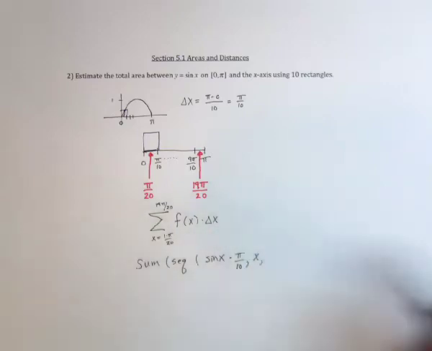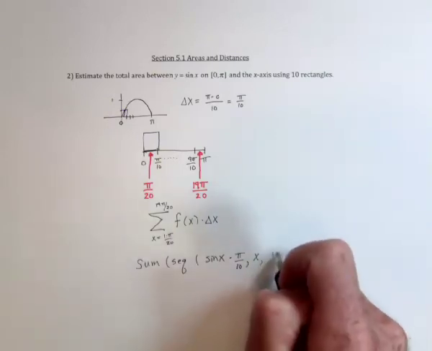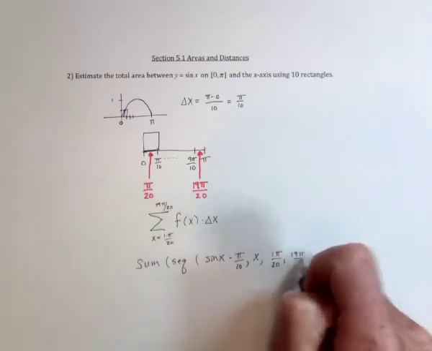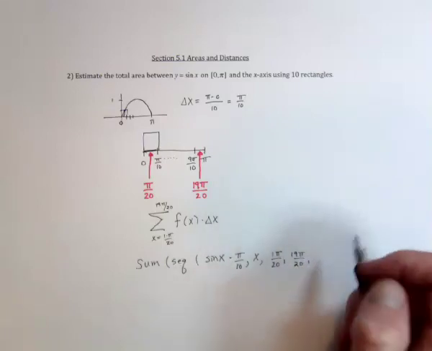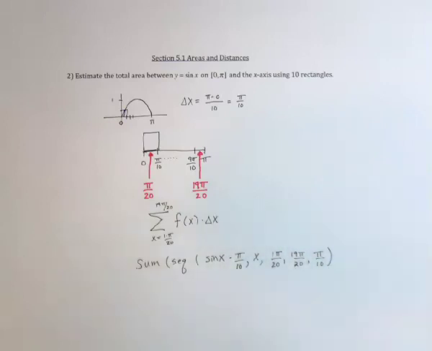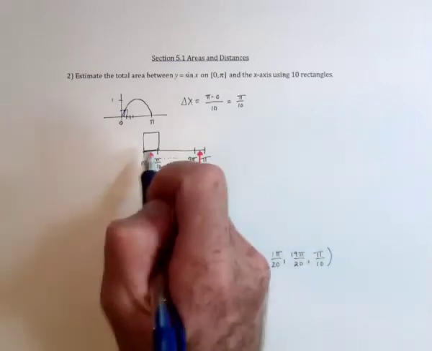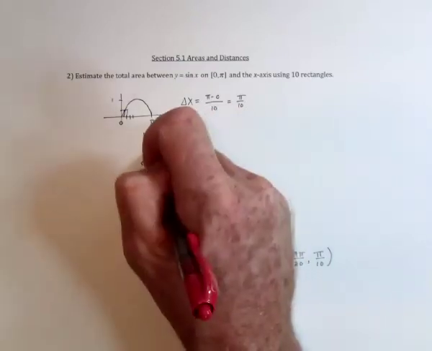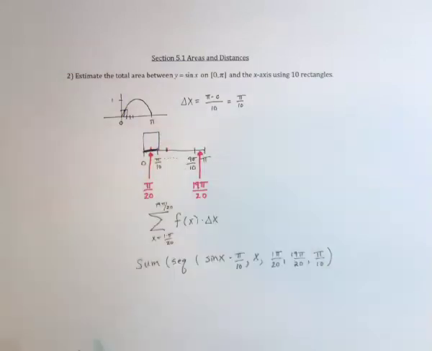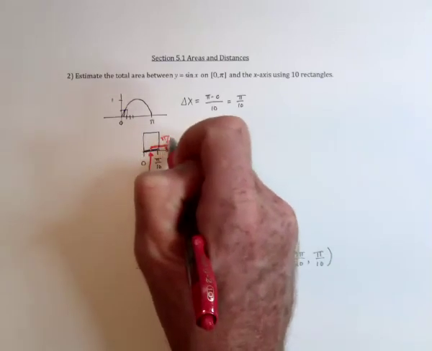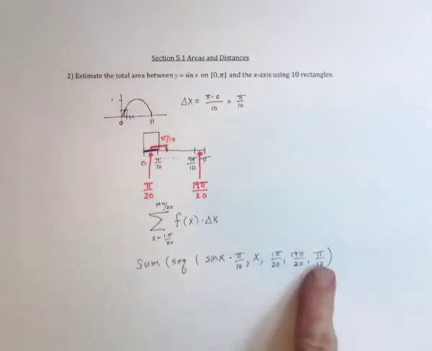Next, comma x, so that's just telling it that x is the variable in this problem, starting at 1 pi over 20 to 19 pi over 20, and then next always goes the delta x, go over by pi over 10 each time, because if this length right here is pi over 10, then the length from this midpoint to the next midpoint is the same length. This length right here would also be pi over 10. So that's what that part's saying.